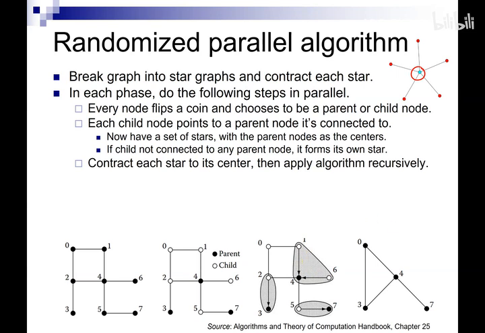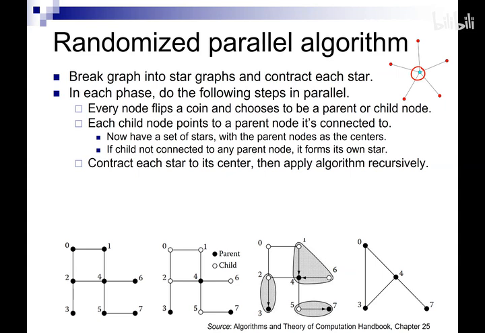So now we've gone from this initial graph and contracted it to the smaller graph. And you see that the initial graph has one connected component, and the smaller graph also has one connected component. Because when you do this contraction process, you're not going to create or lose any connected components. You're going to exactly preserve the set of connected components.